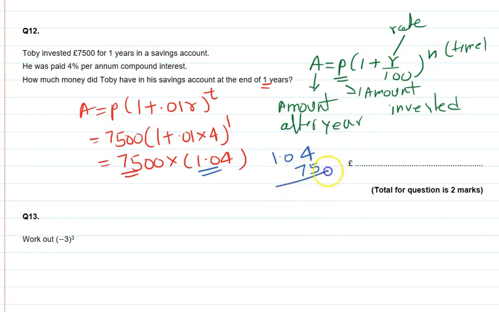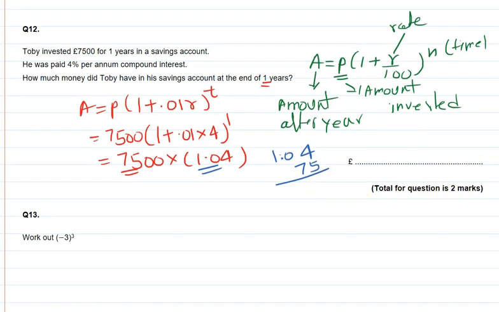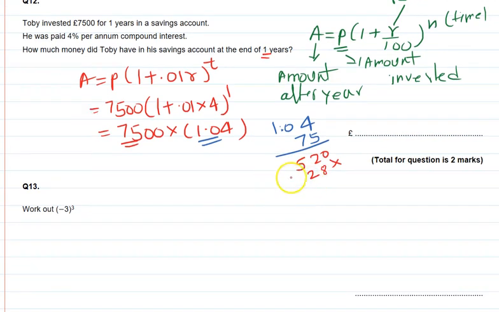So 75, if you multiply with 1.04, so 5 times 4 is 20. Yeah, so let's do it. 5 times 4 is 20, 5 times 1 is 5, 7 times 4 is 28, and 7 times 1 is 7. Yeah, so it will be 0, 8, and 2 is 10, carry 1, 5 and 2 is 7 and 1 is 8, and 7, 7800.